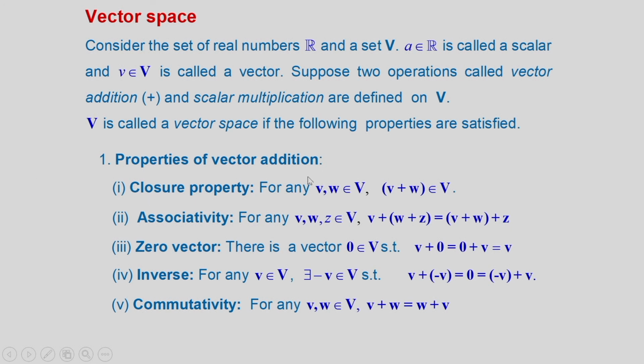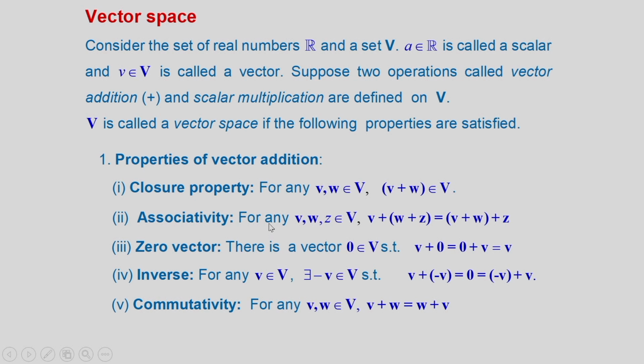For any vectors V and W belonging to V, V plus W, the vector addition of V and W, is also a member of V. That way, the set of vectors is closed under vector addition.